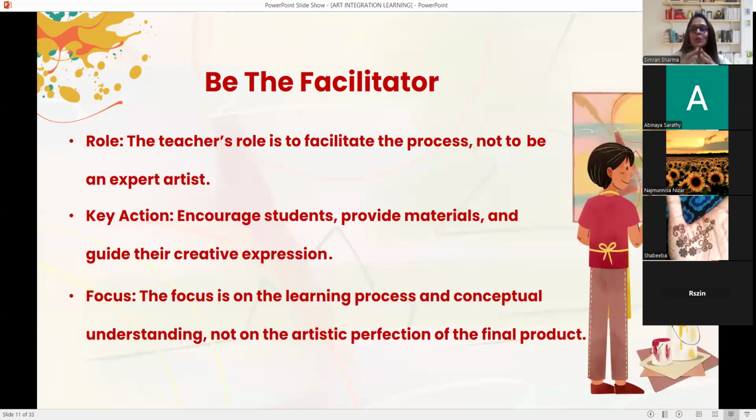The focus should be on the learning process, how they are executing the activity, and what they are learning in between. Suppose they have to present a skit on the Dandi March. The students will come together. First of all, they have some background about the Dandi March.